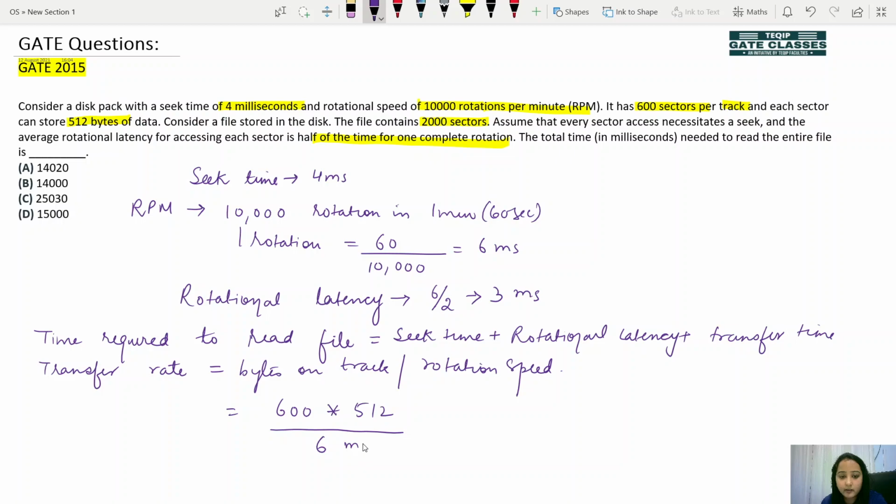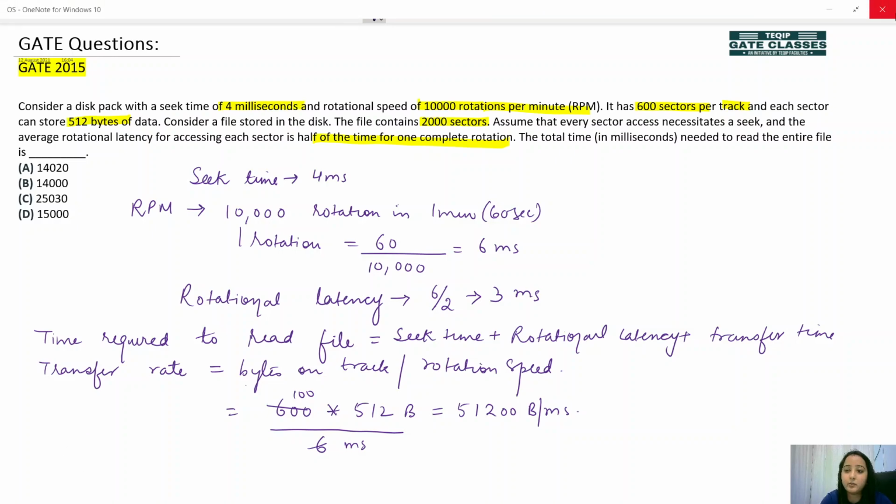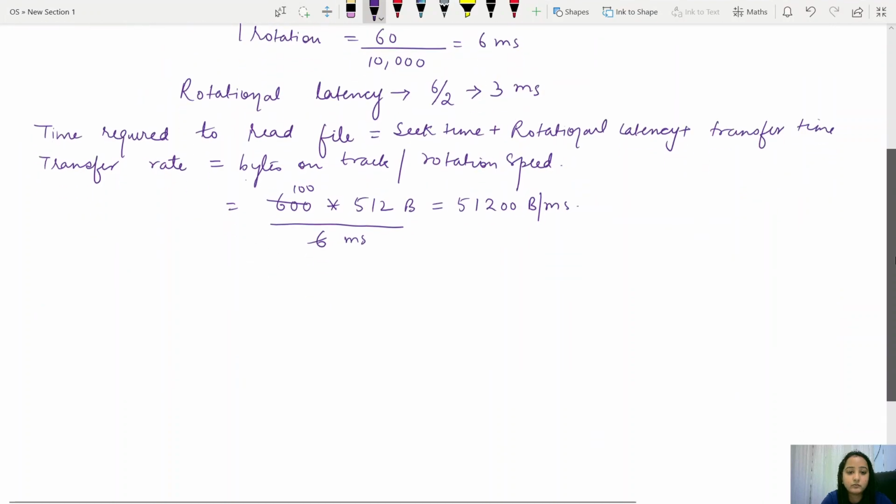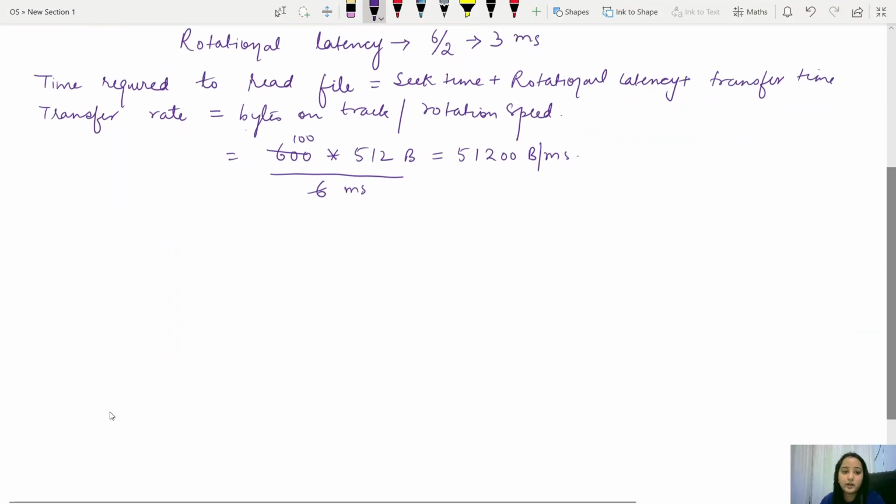So it will be 51200 bytes per millisecond. Transfer rate we got, so we can find the transfer time from here.